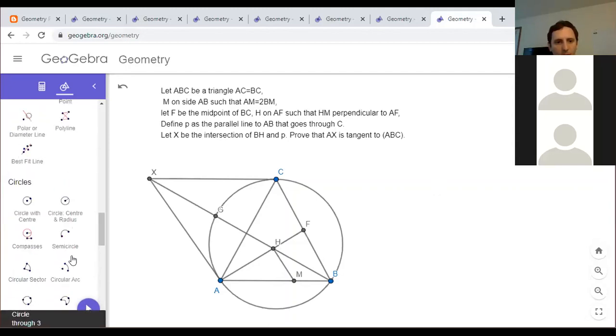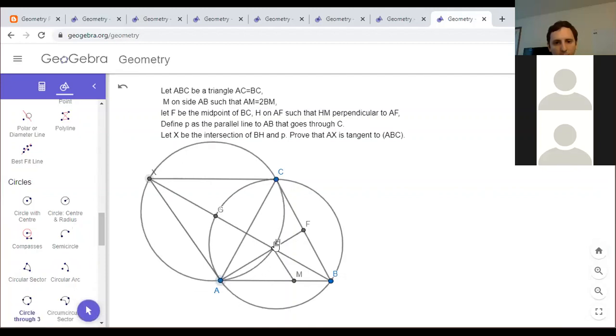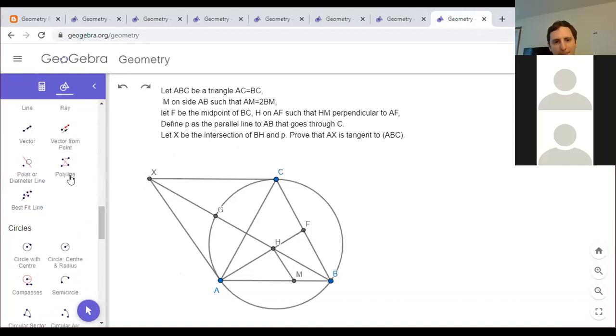We know that AF is the median, so angle GAC has to be equal to angle FAB if the result is true. And we know that GB is perpendicular to AC, so we might want to prove that angle GAC equals FAB, or that HMA is half of AGC or something like that.